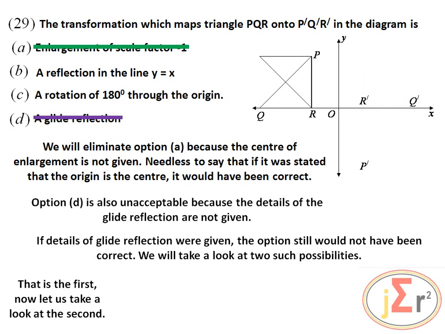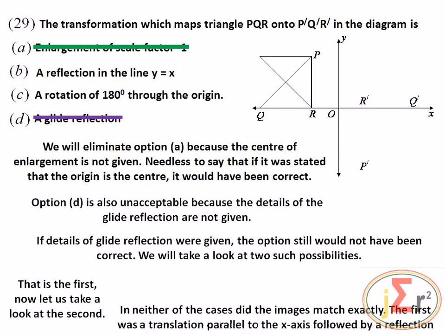That we do not end up in our original position. Therefore, we know that for those two examples, the transformation is not a glide reflection. And of course, glide reflection cannot be correct in the option because details of the glide reflection were not supplied.